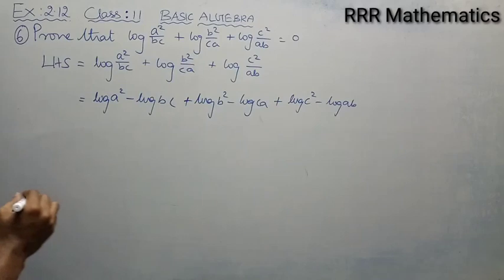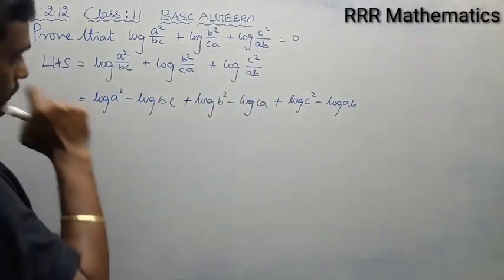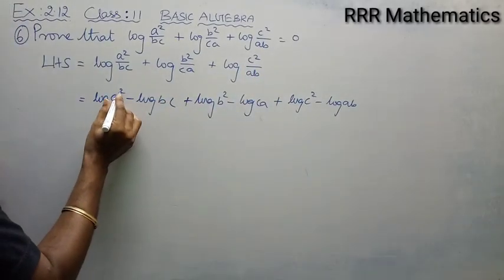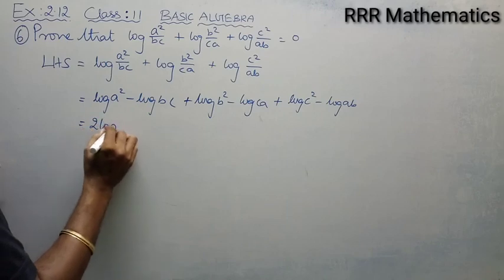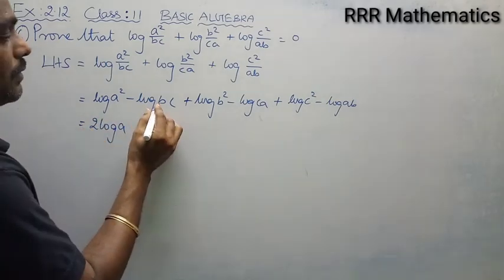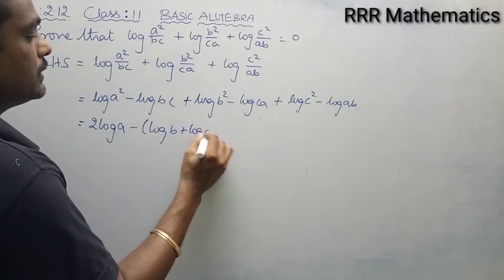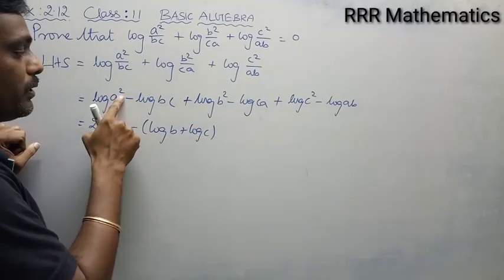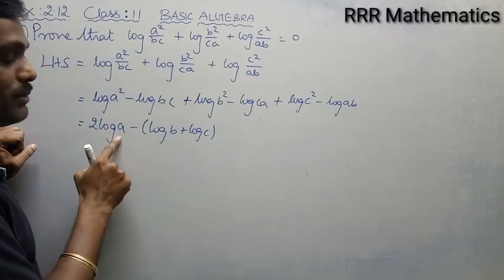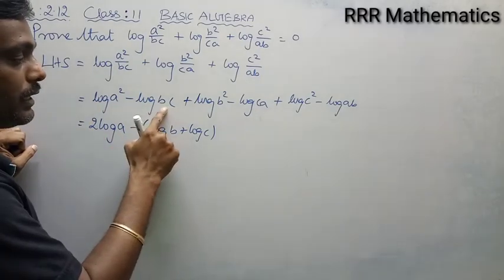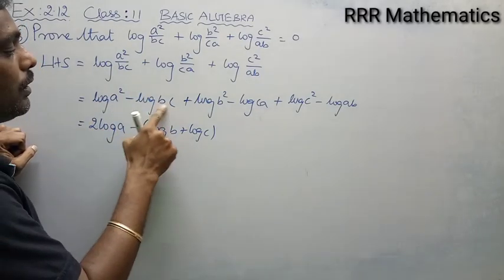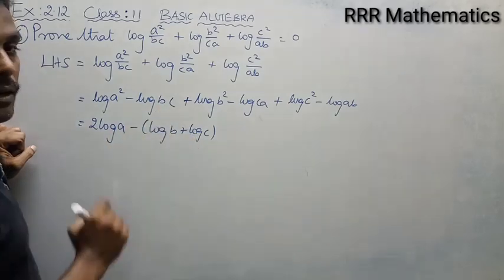I am using the quotient rule in these three terms. Then using the power rule, log a square will be 2 log a, and with the product rule, minus of log b plus log c. Here I am using the power rule because of a square, it will be 2 times log a. And I have a product here, so using the product rule, log bc is log b plus log c.